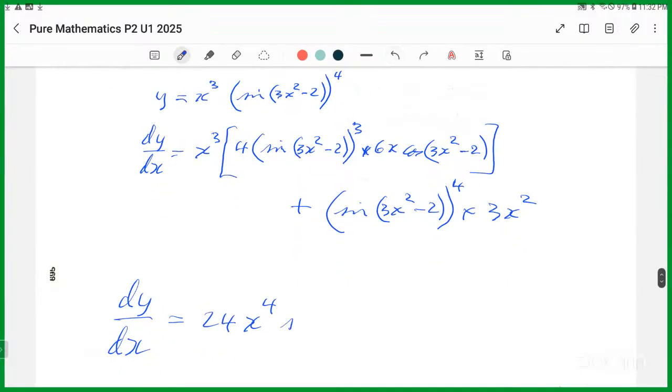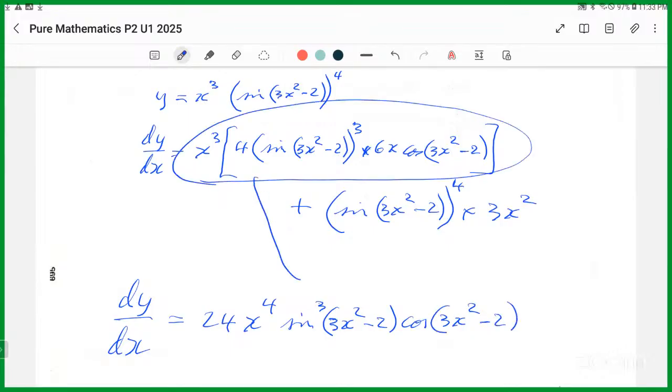So it's sine cubed of 3x squared minus 2, times cos of the same function, cos of 3x squared minus 2. That's just this first expression in that.